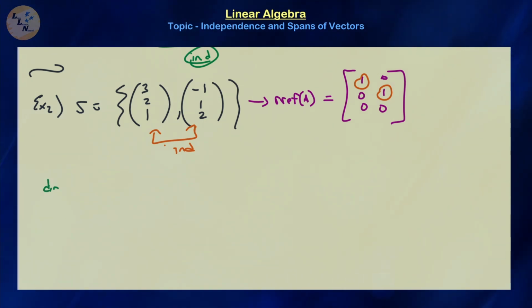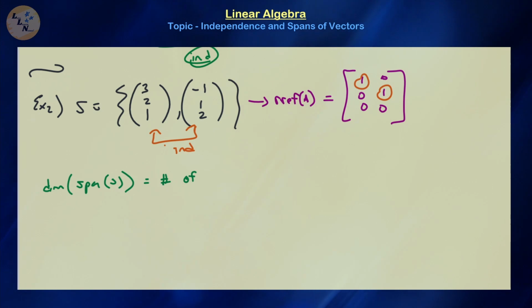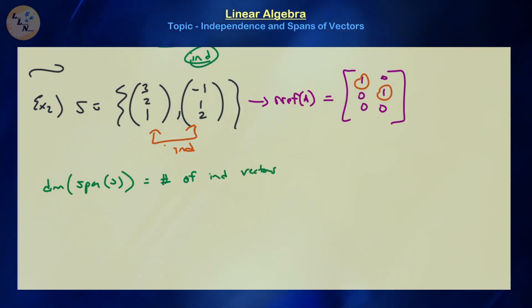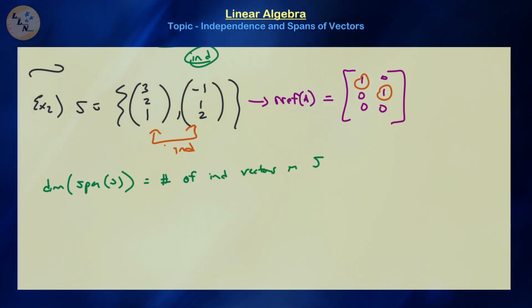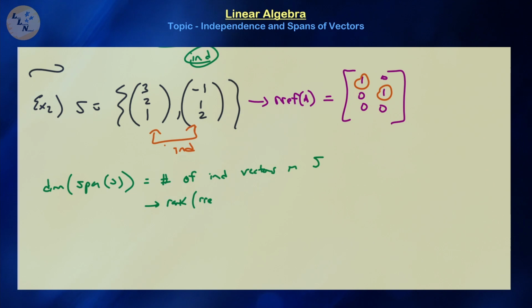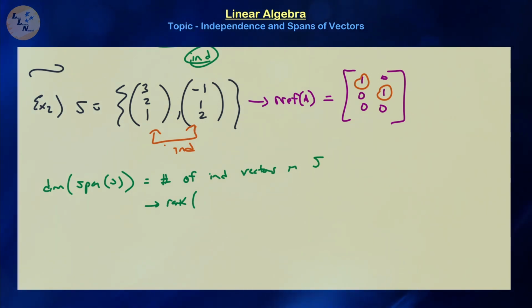One could say that the dimension of the span of a set of vectors is equal to the number of independent vectors in S, which one can also say is the rank of the matrix of S. So that's going to be the rank of the matrix A associated to each of the columns mentioned in S.